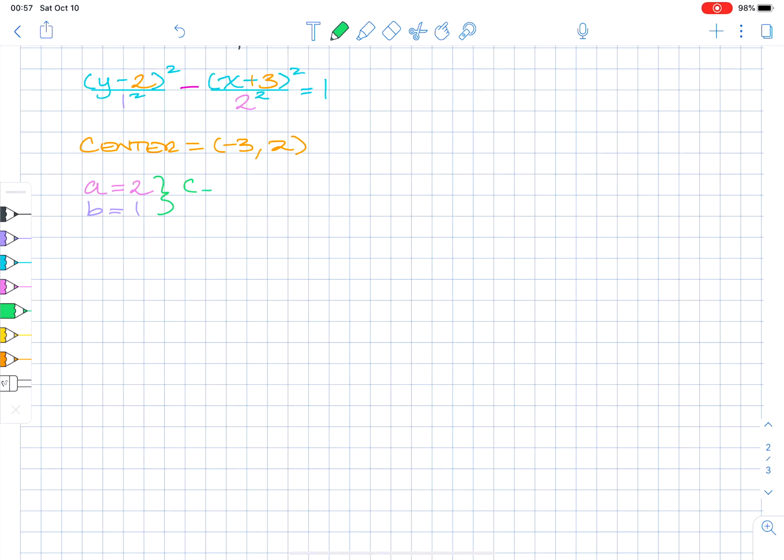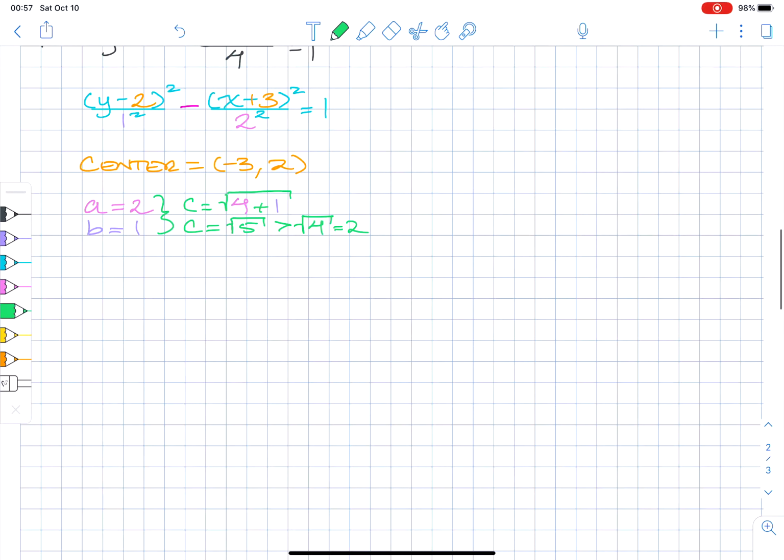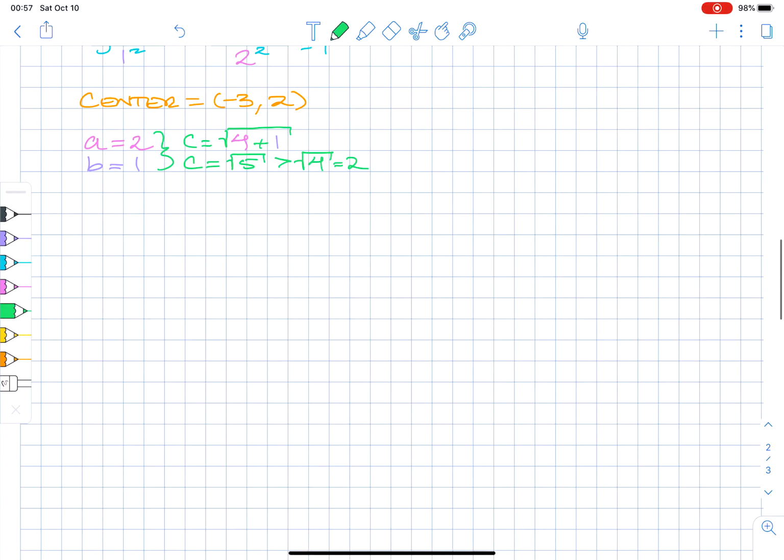Hence c, which is going to be the square root of a squared plus b squared, is going to be root 5, which is a little bit more than root 4, which we know to be 2. So it's a little bit more than 2. But it's nowhere near root 9, which is 3. Okay, so we need our asymptotes, and so the slope of the asymptotes will be plus or minus b over a, which for us is going to be 1 over 2.